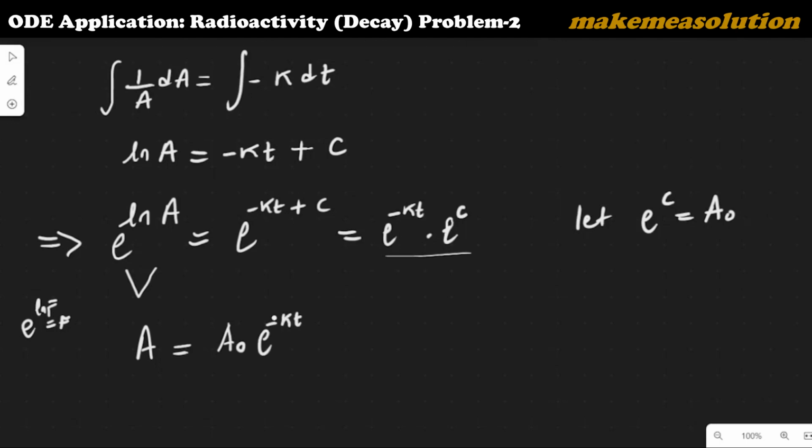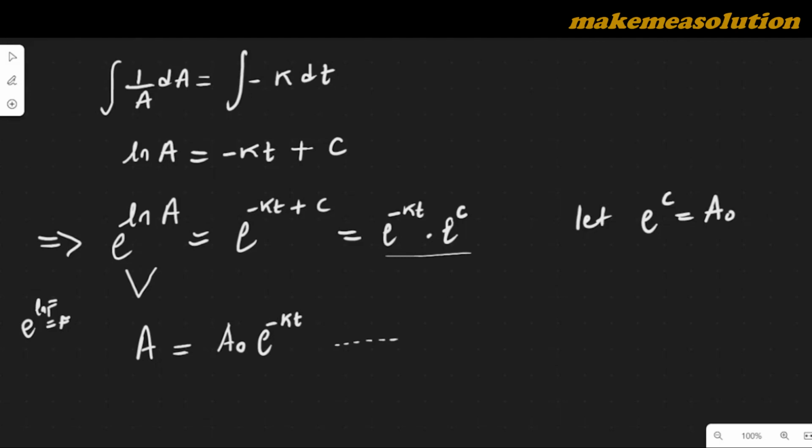Is that okay? So I think it's better if we take it like this. So A is equal to A naught exponential minus KT. So this is, let me say, the general solution representing the amount at any time for an initial amount A naught.